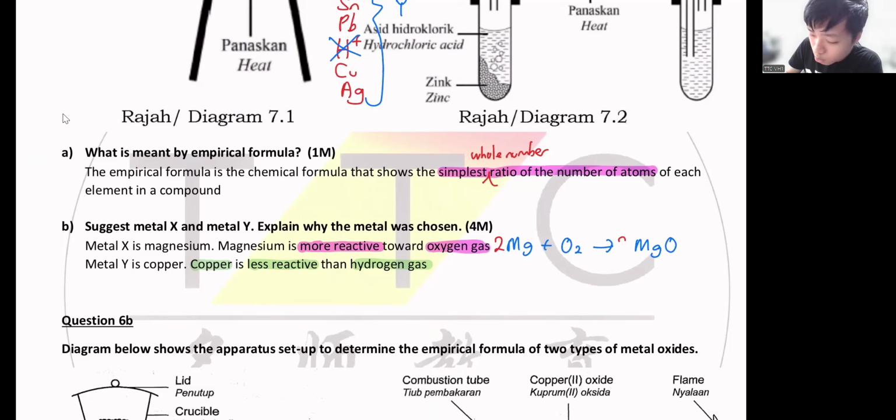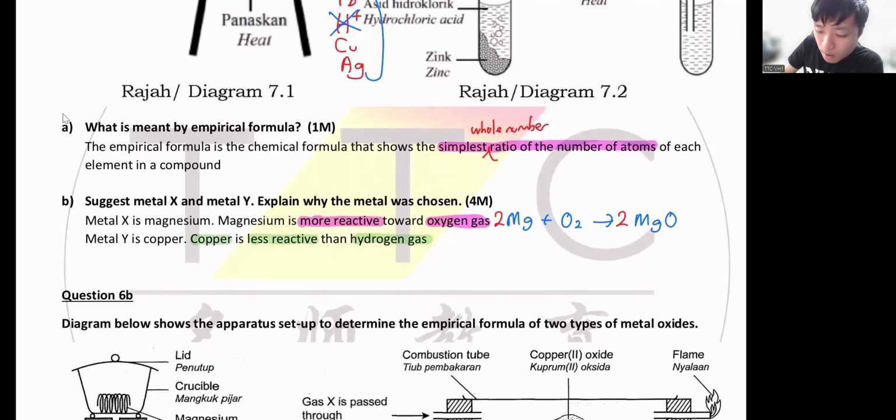So times 2, times 2. The other one, you don't start from Cu, you start from CuO. That's H2, where the H2 is more reactive than copper. So you pass H2 over the oxide to remove the oxygen from the copper to form copper and H2O.